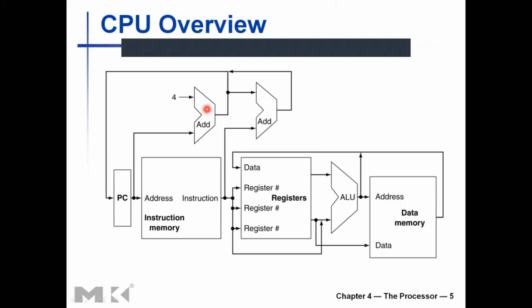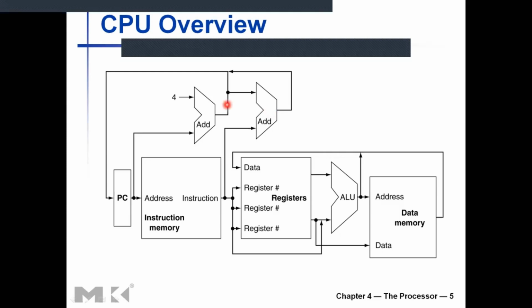So that is the usual case. But if your current instruction is a jump or a branch instruction, there will be an immediate value given in the instruction, and based on that immediate value, you need to go and update the program counter, right?